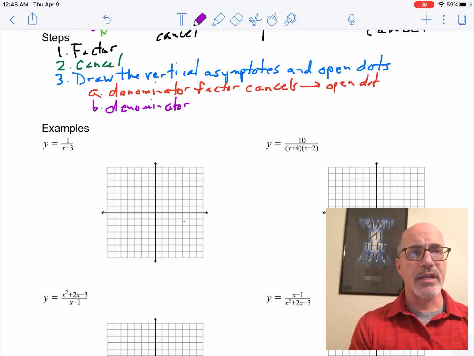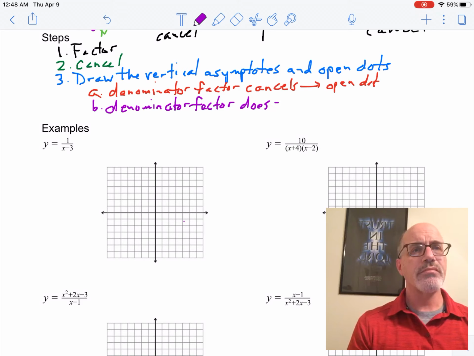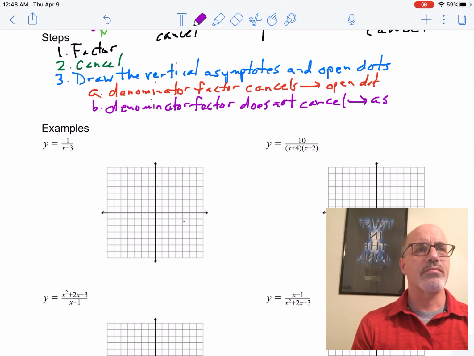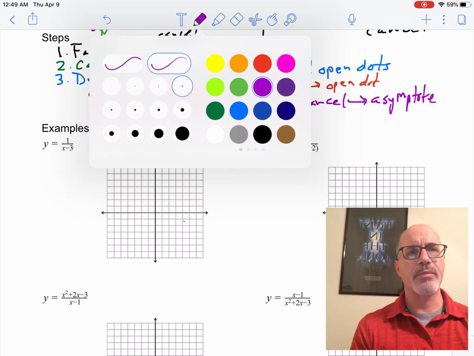We had the open dot, but when the denominator factors do not cancel, we get an asymptote, and we draw that vertical asymptote, that vertical dotted line on the graph. Those asymptotes are, again, lines that we get close to, but we don't actually get to. Okay, we approach them. Let's do some examples.